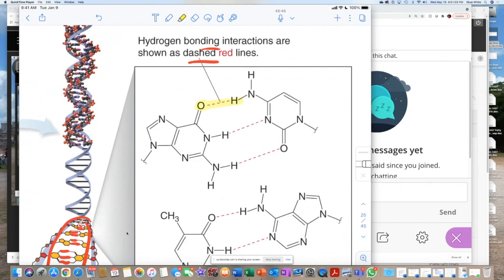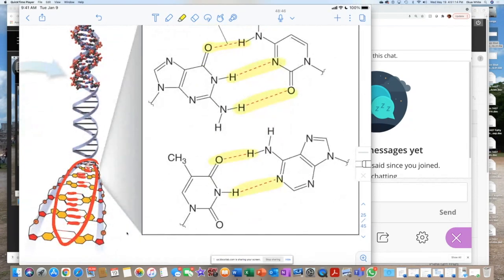It can be from one molecule to another of the same kind, right? So here, see that? Nitrogen, hydrogen, oxygen, hydrogen, oxygen, hydrogen, nitrogen, hydrogen. Technically, this orientation doesn't work, but if this was flipped over, that could attract that too. It's just that the N is facing away from the O.